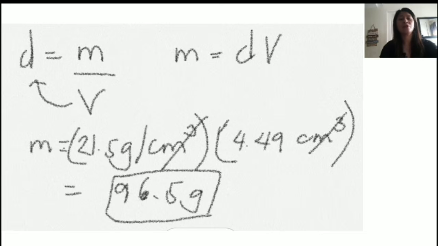You cancel the volume, so you will be left with the unit gram, and then express the final answer with the same number of significant figures that is smaller.